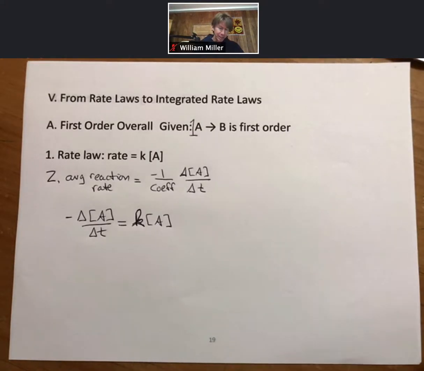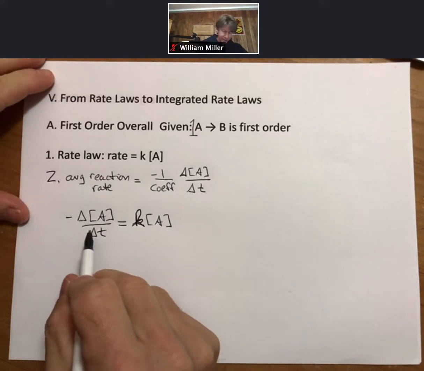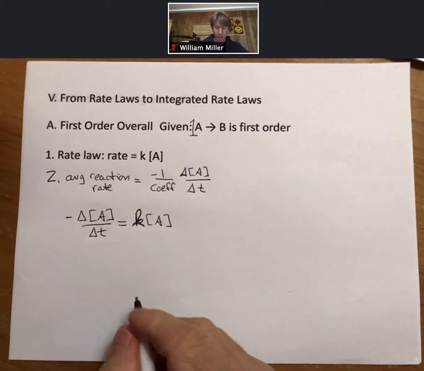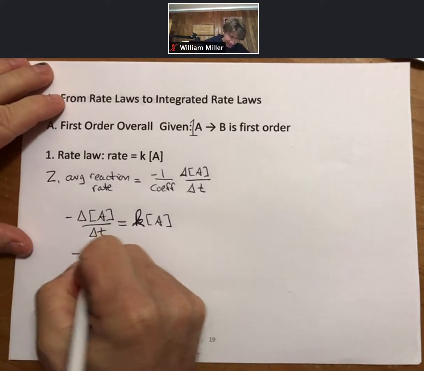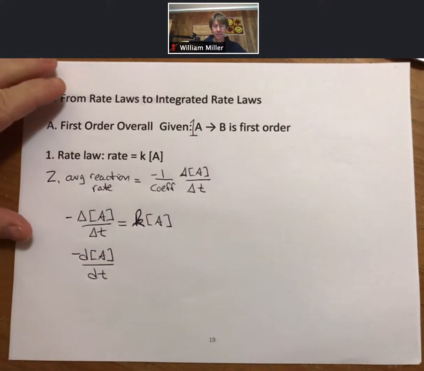Okay, now for integration, instead of the deltas, you need to enter the differential form, which would be minus d concentration of A over dt.